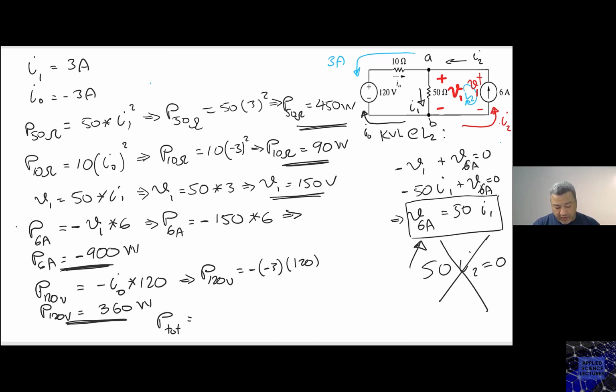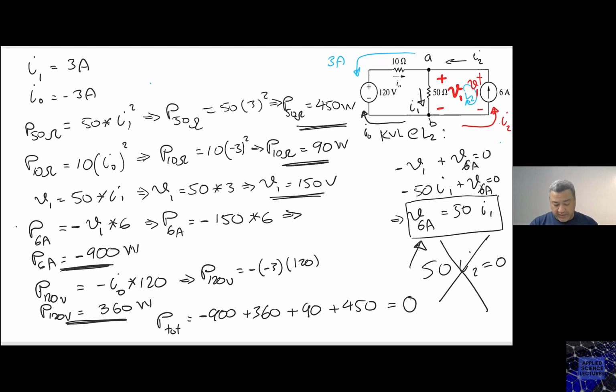We have minus 900 plus 360 plus 90 plus 450 watts. So this is going to give zero. And this means the total power supplied should equal the total power absorbed.